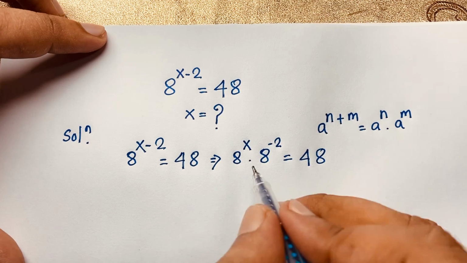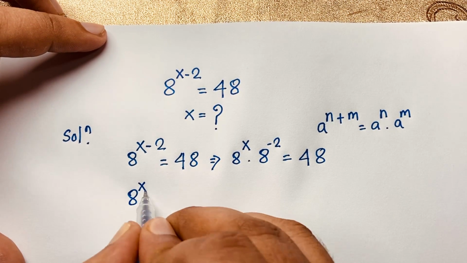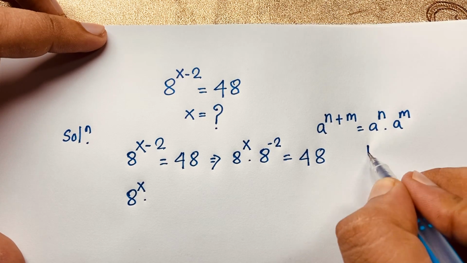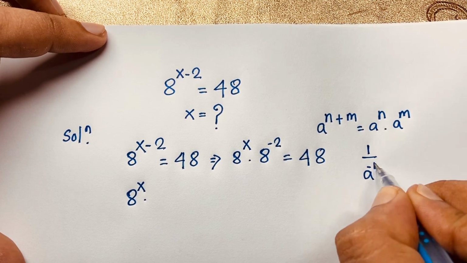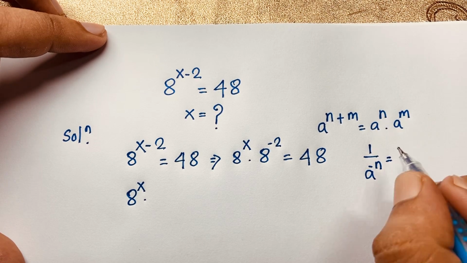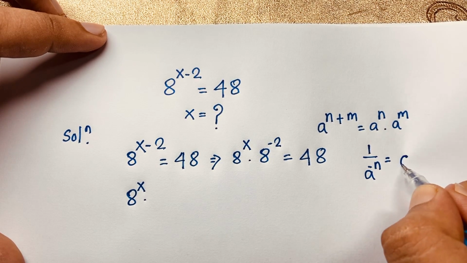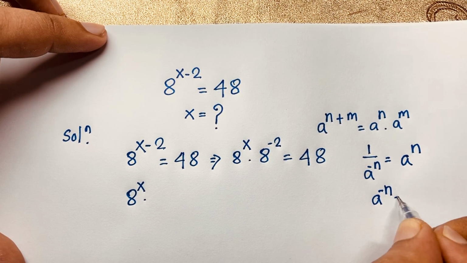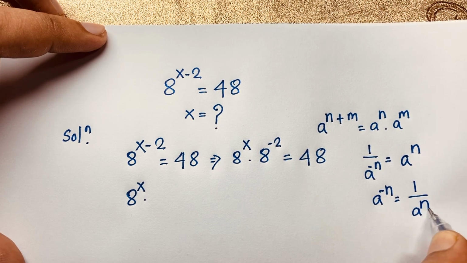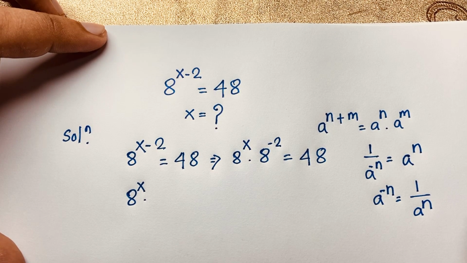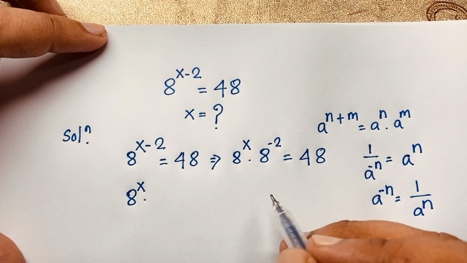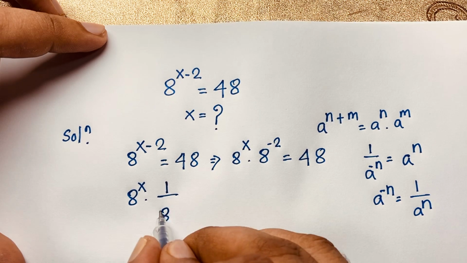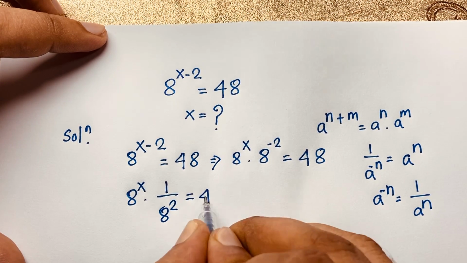We also know that a to the power minus n is 1 over a to the power n. So 8 to the power minus 2 will be 1 over 8 to the power 2, and this is equal to 48.